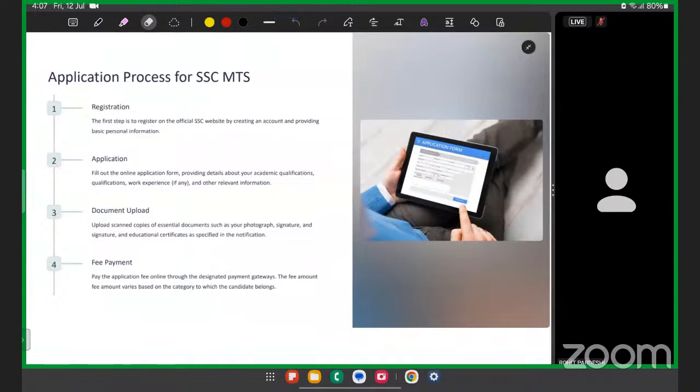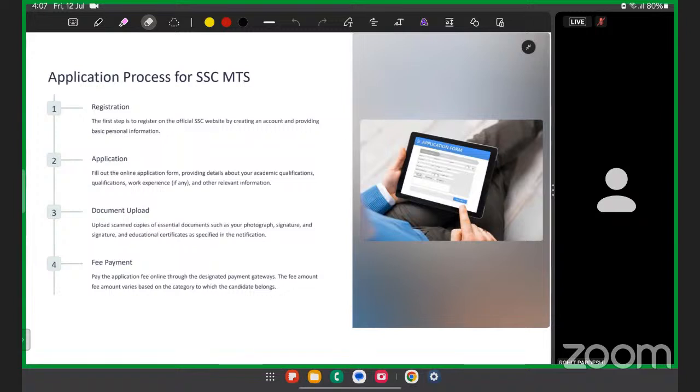Now, as you can all see on the screen, firstly we'll be talking about the application process for the SSC MTS. You need to register yourself on the ssc.nic.gov.in website, where you'll be giving your basic details. Once you create your profile, which is called OTR, one time registration, you will be able to apply for various vacancies which are available on the SSC website.